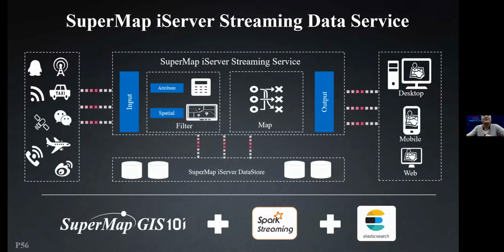Based on the incoming data, we can apply functions like attribute filters and spatial filters. Then we can choose to store the data in our data storage, or output it to the map directly. The SuperMap iServer streaming data service is based on SuperMap GIS 10i products, Spark Streaming and Elasticsearch.